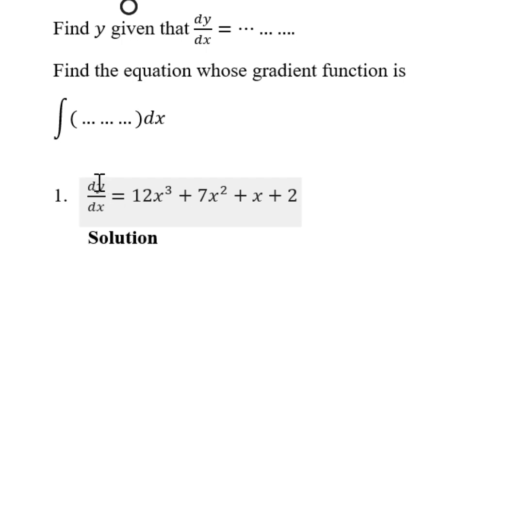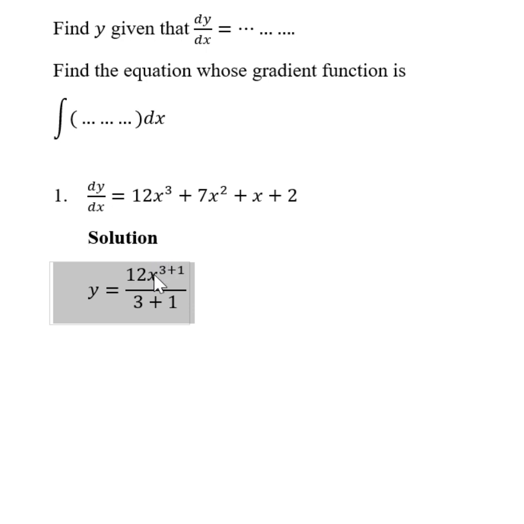So we have been given dy over dx and we are supposed to integrate this function here. The rule is add 1 to the power, divide by the new power. So we shall say y is equal to, so we have 12x cubed, add 1 to the power, so it will be power 3 plus 1.